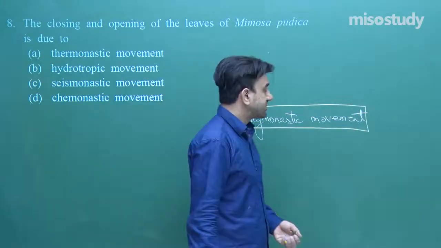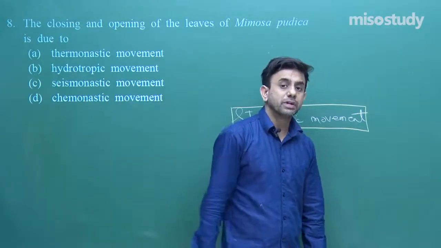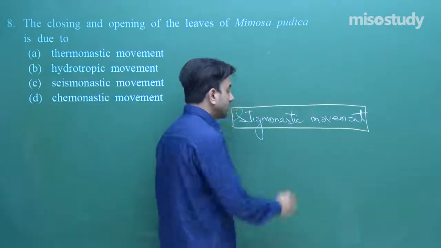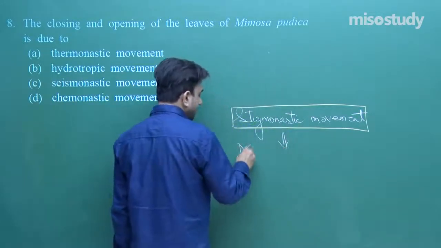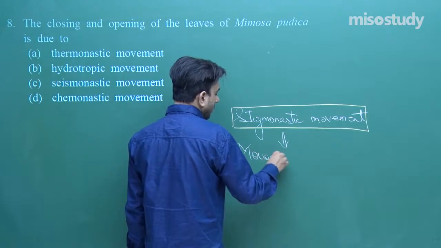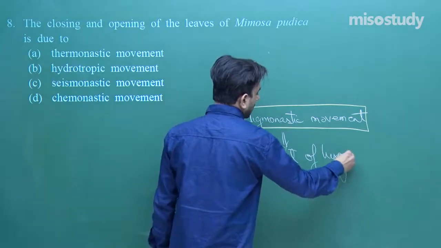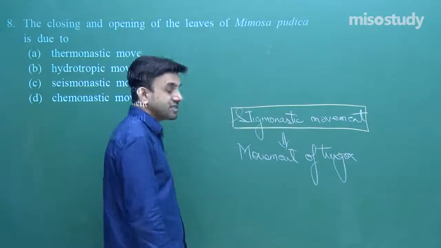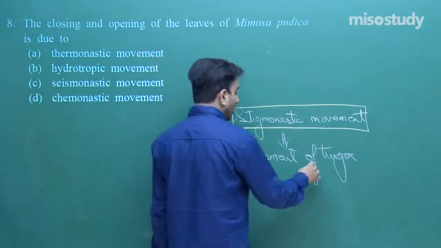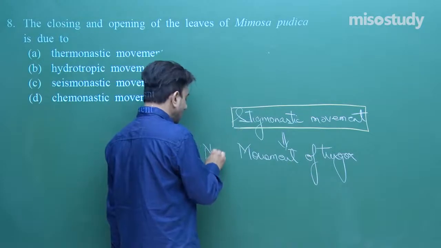Now this seismonastic movement is a movement of turgor, a nastic movement of turgor.